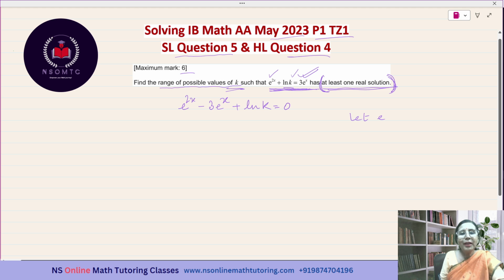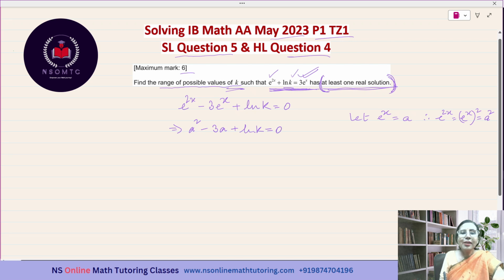Because I have to write it in the form of a quadratic equation, I am substituting: let e to the power of x be equal to a. Therefore e to the power of 2x, which can be written as e to the power of x whole square, will be equal to a square. So this equation becomes a square minus 3a plus ln of k is equal to 0.